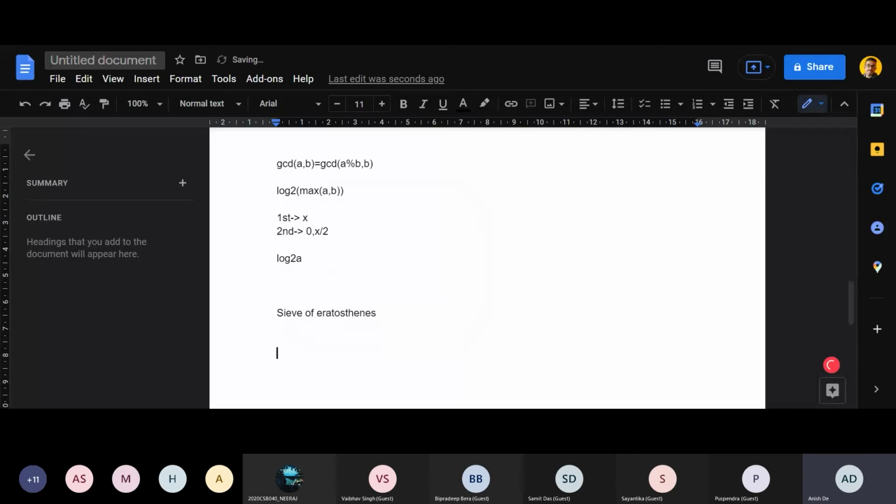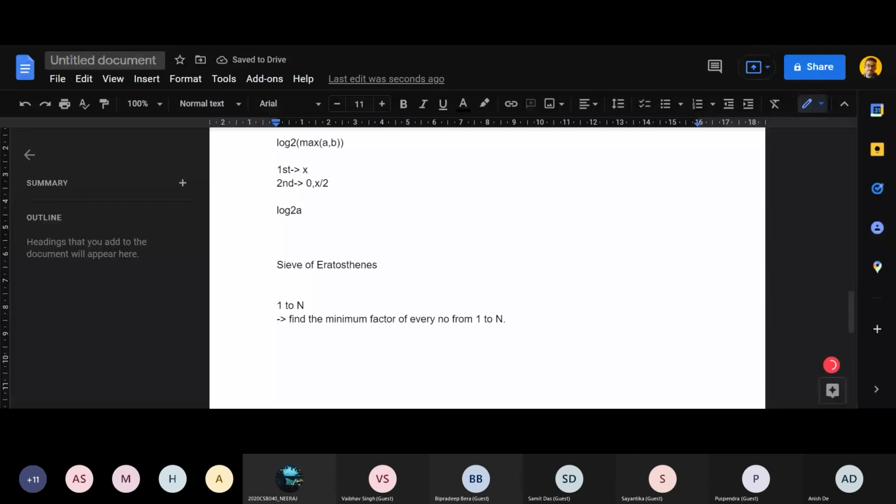Basically, let's say you are given a range from 1 to n, and you have to find the minimum factor of every number from 1 to n. How would you do that? Anyone?